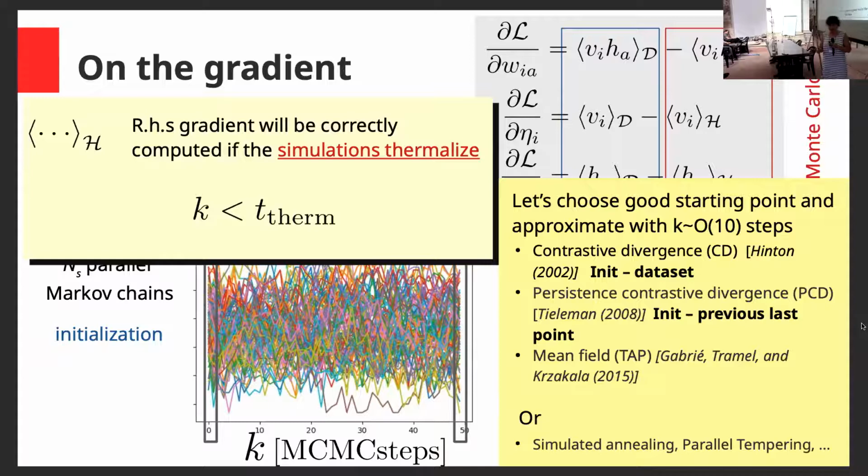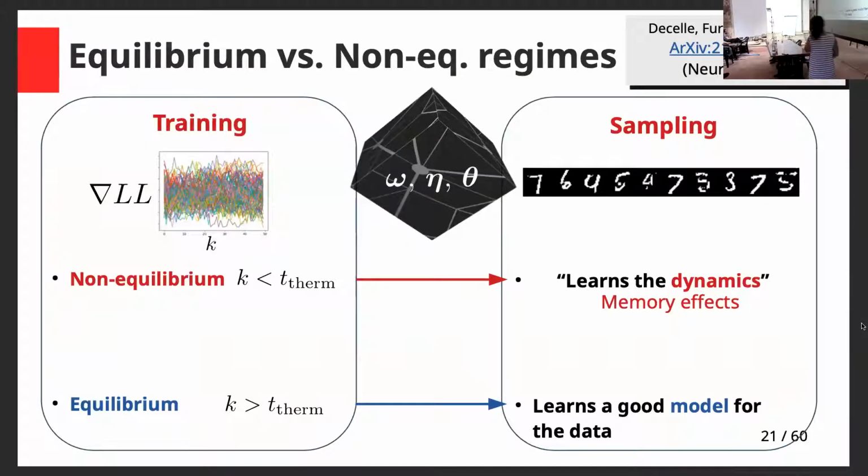What we found quite extensively in a lot of data sets is that the number of steps that you do here has a very strong impact on the models you get. If you use a number of steps that is not enough to equilibrate, you end up with models that have memory.